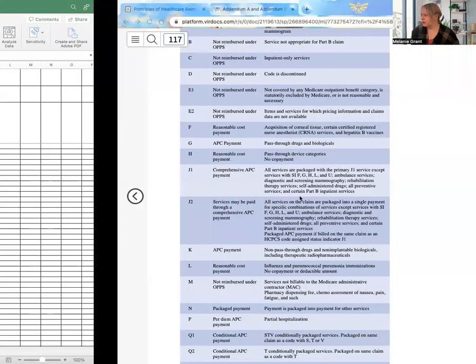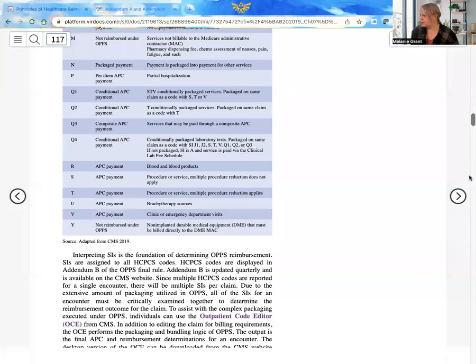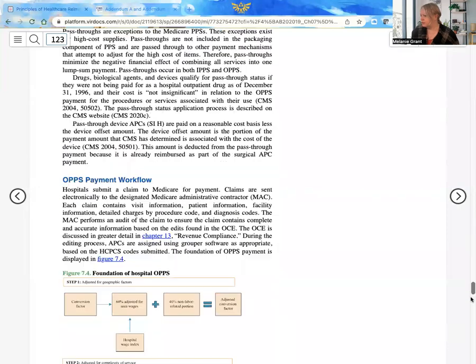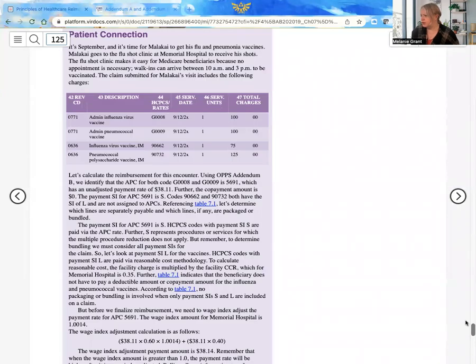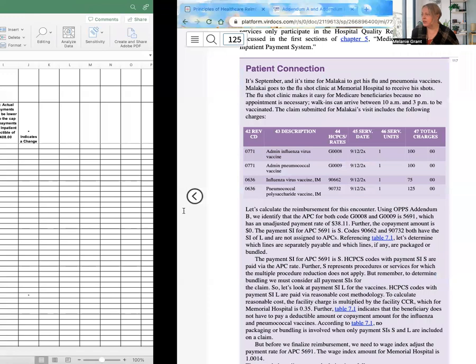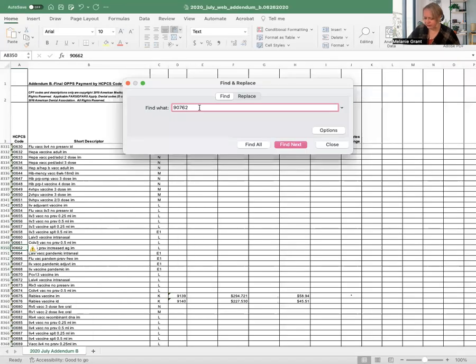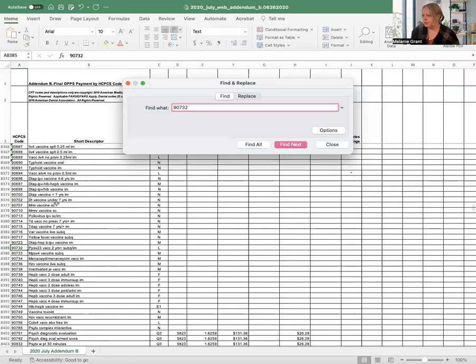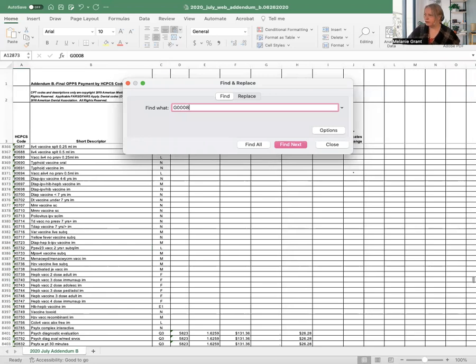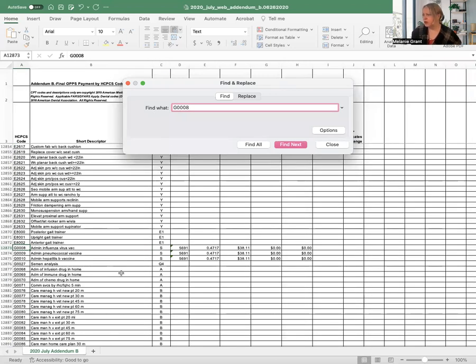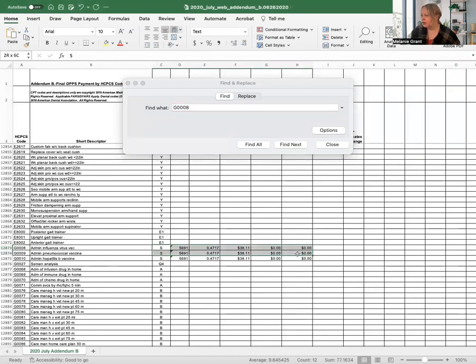And our other code, 90732, will have the same thing, also a status indicator of L. So the only items that are going to have a status indicator payment here are going to be listed for the G codes for this patient.